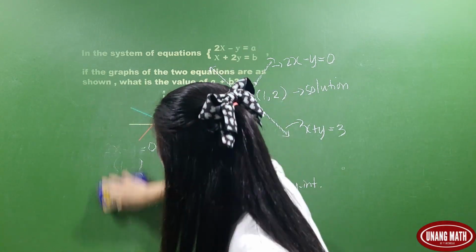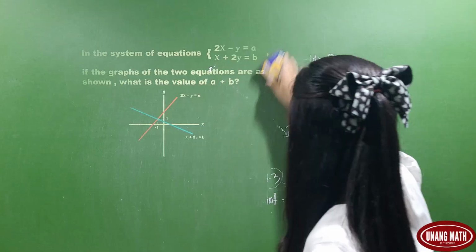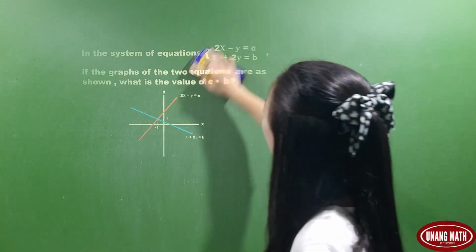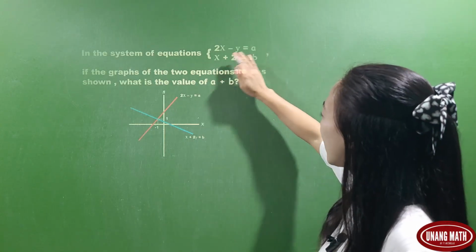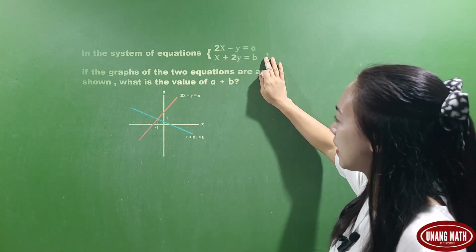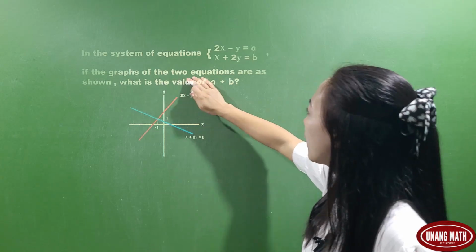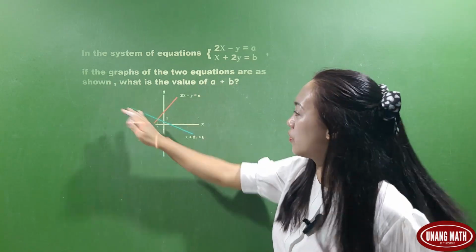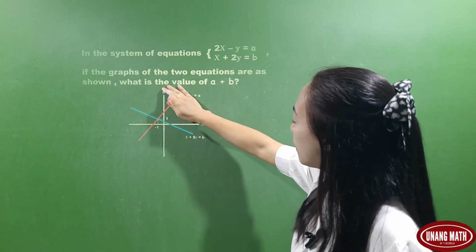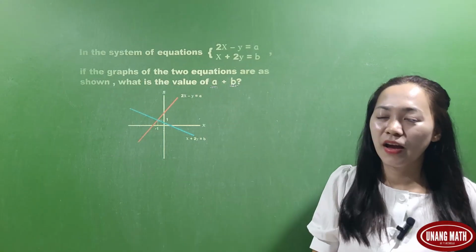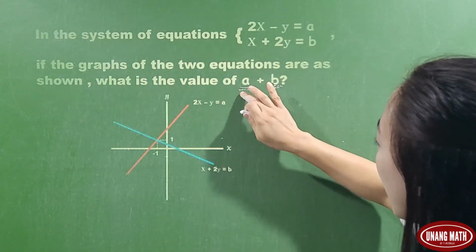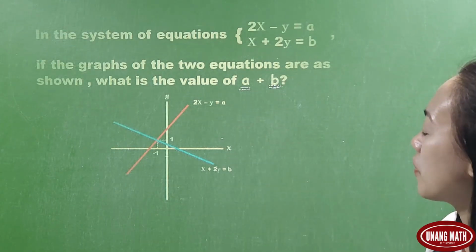Okay, this time, let's answer this simple problem. In the system of equations, 2x minus y is equal to a and x plus 2y is equal to b, if the graphs of the two equations are as shown, we will find the value of a plus b. So first, we have to know the value of a and the value of b.